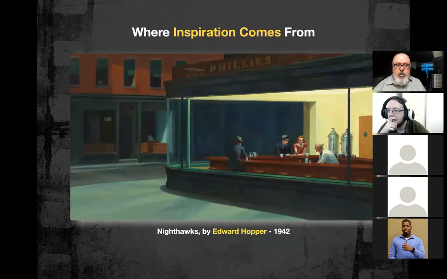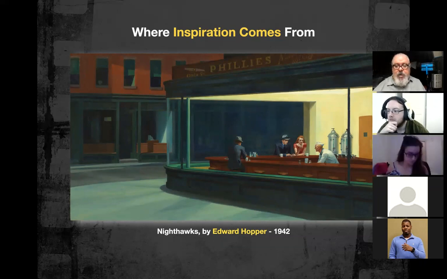So here is a panel from Edward Hopper. It's called Nighthawks. It is a diner in what looks to be late 30s, 1940s America. It's late at night, it's dark outside.